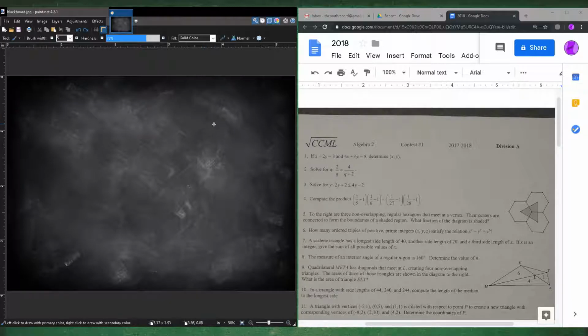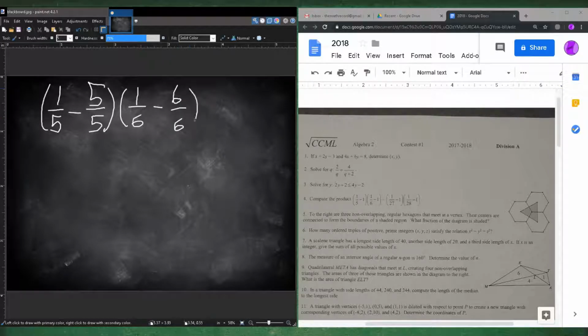The actual way to do this with math is that we have to write it as a common fraction. So let's say 1/5 minus 1 is just 1/5 minus 5/5, right? And then we're going to do 1/6 minus 1, which is 1/6 minus 6/6, and then multiply by etc. Let's just do one more. 1/7 minus 1, so 1/7 minus 7/7.